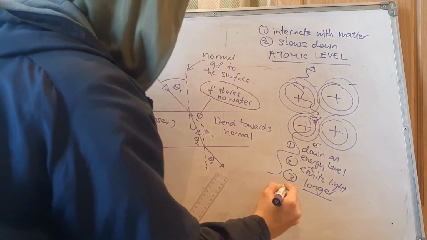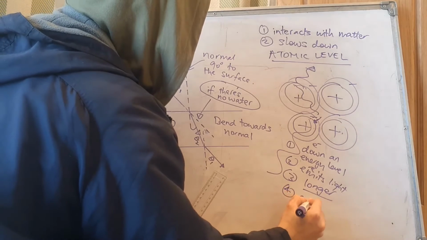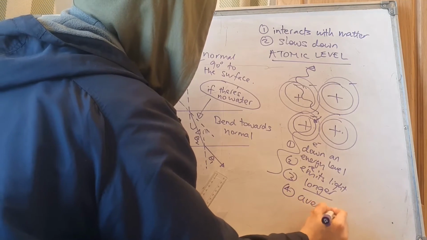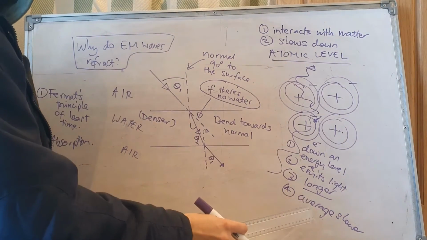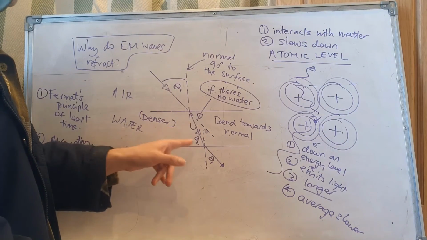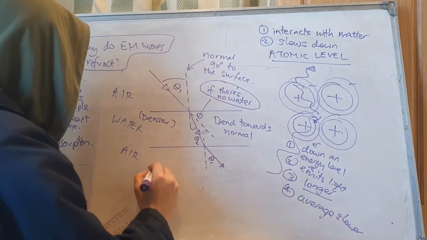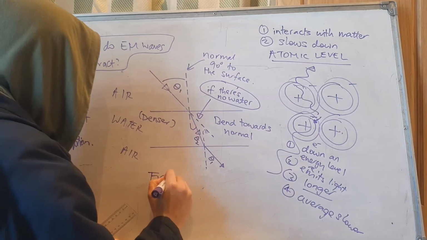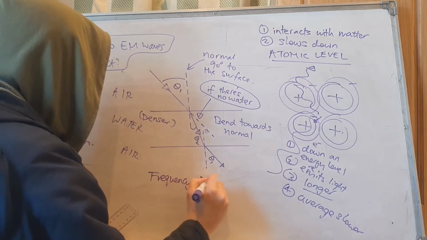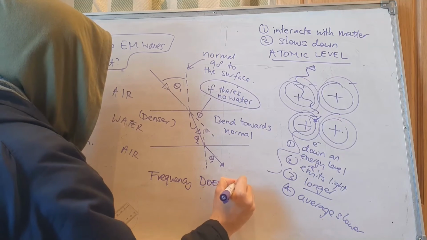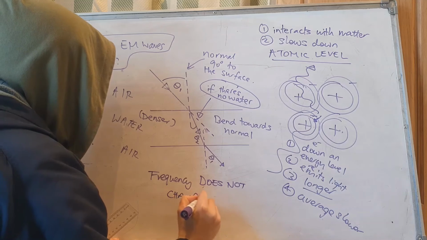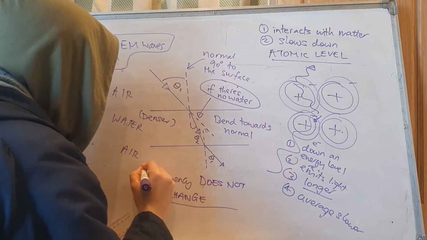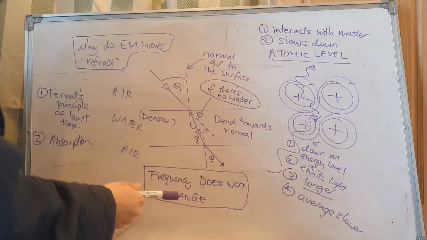If it takes longer, therefore the average speed is slower. By the way, when it goes through a different material, the frequency does not change.